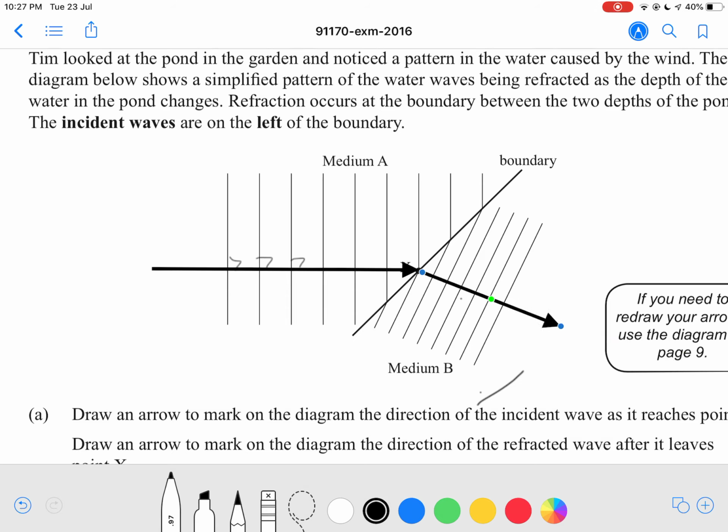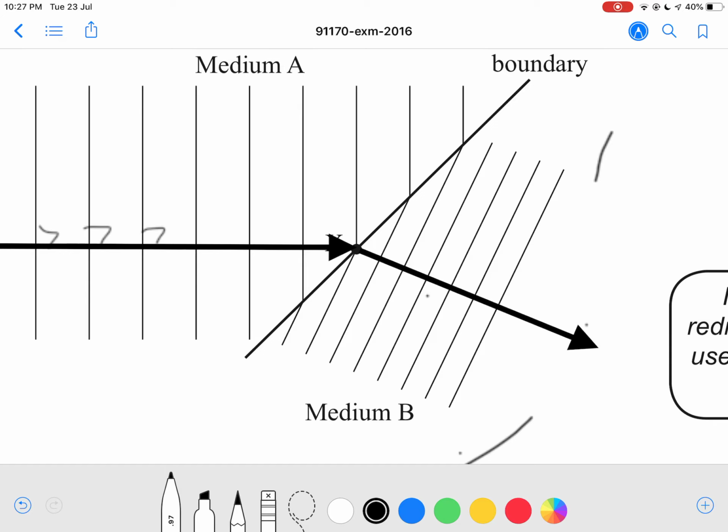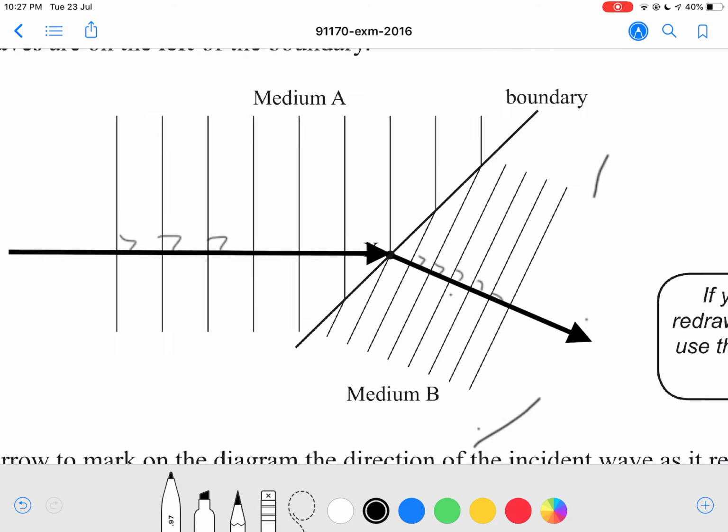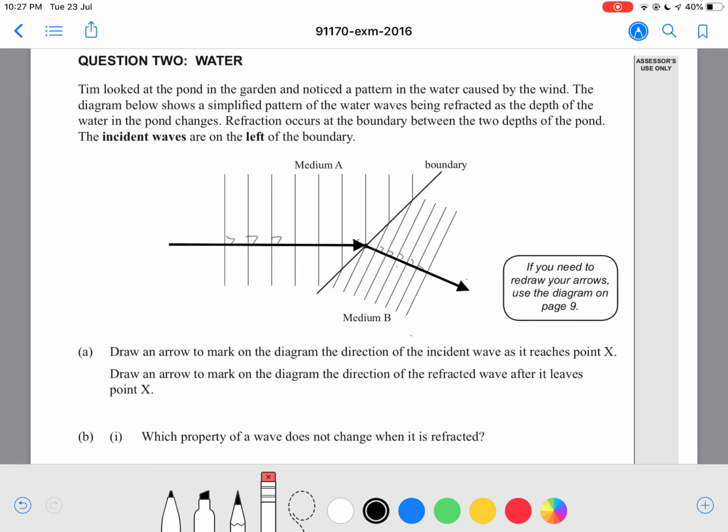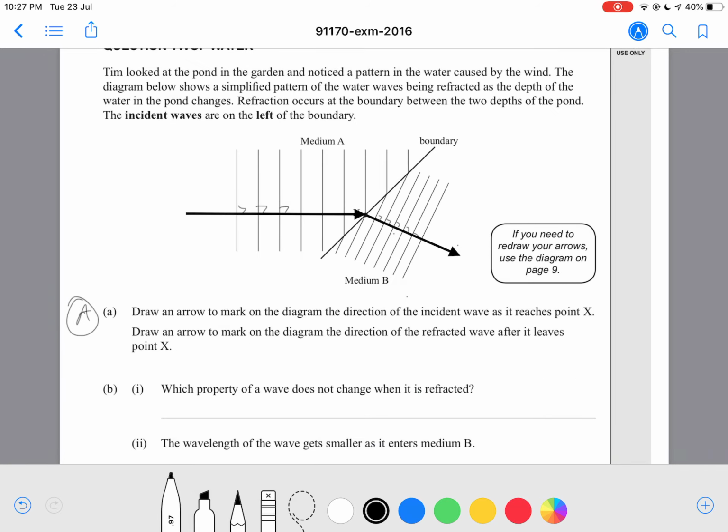It's going to make 90 degrees with the direction. So it should be about there. This should all be 90 degrees there, and that should be your direction for the refracted wavefront. This question is only an achieved question. It's real simple, achieved, and you need both of them correct.